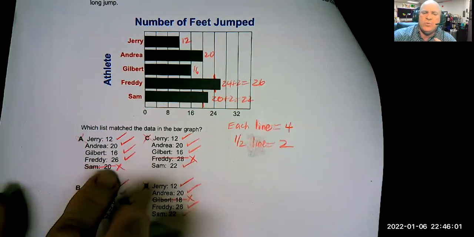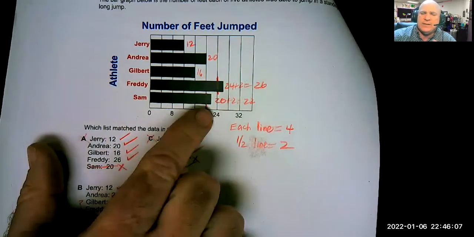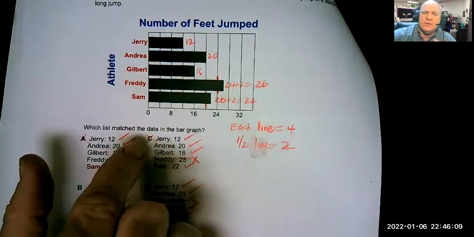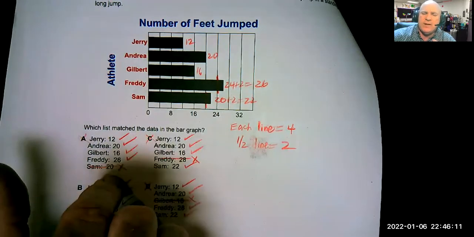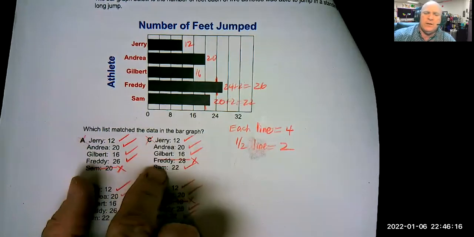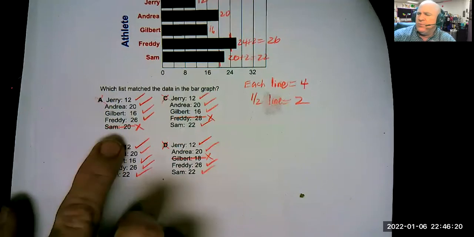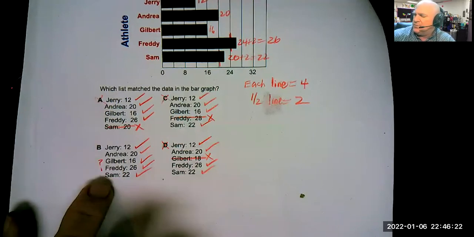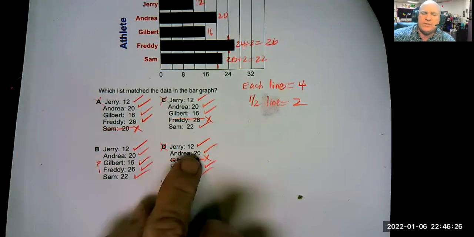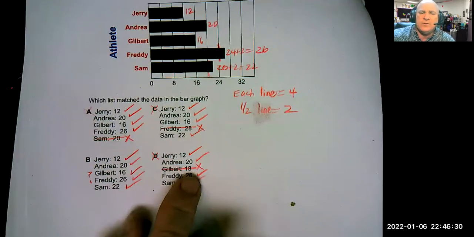And so because 20 does not match the 22 that we needed for Sam, we would eliminate letter A. C has them all matching except for Freddie. B has them all matching, so we'll put a question mark there if we're going to think about picking it. And D has them all matching except Gilbert is not 18, Gilbert is 16.